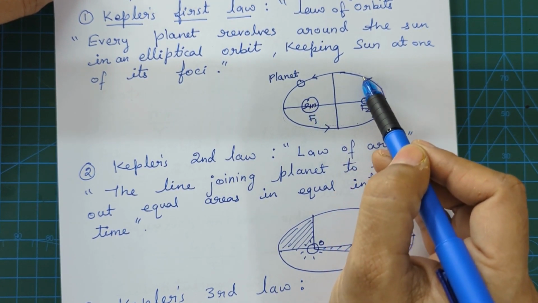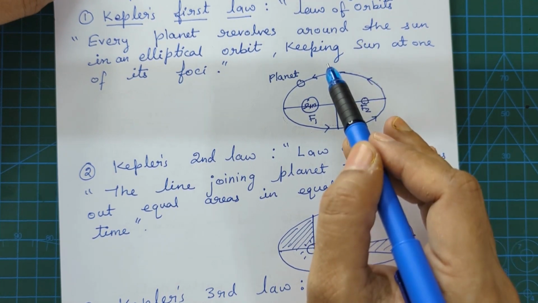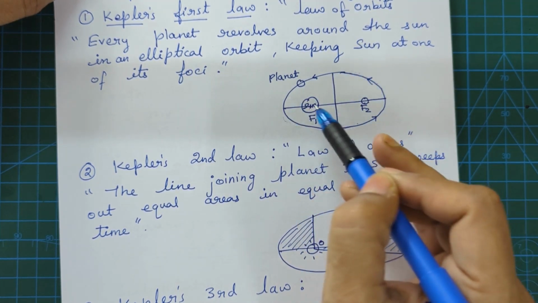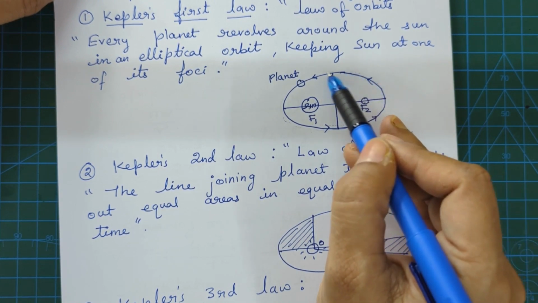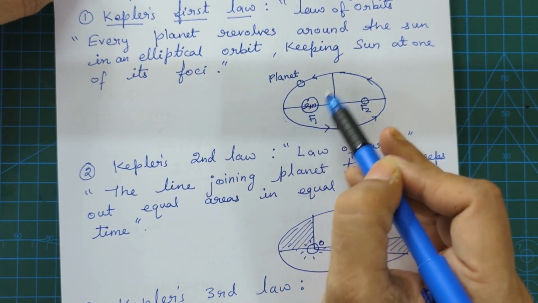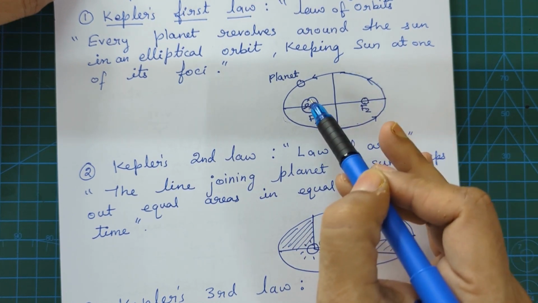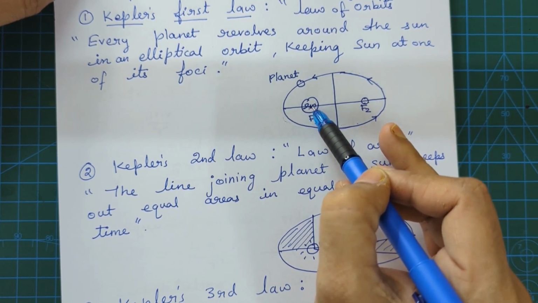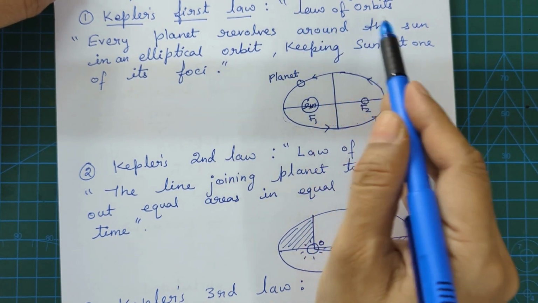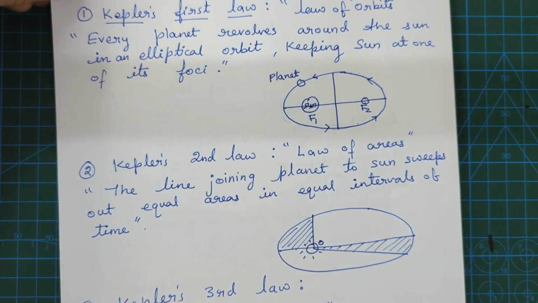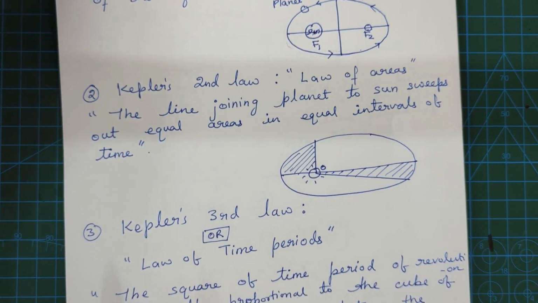You understand that a circle has one center, but an ellipse will have 2 focuses. So planets revolve around the sun in elliptical orbits, keeping the sun at one of its foci. Foci is the plural of the word focus. So that is the law of orbits, means planets revolve around the sun in elliptical orbits.